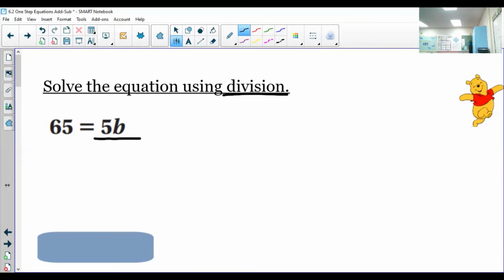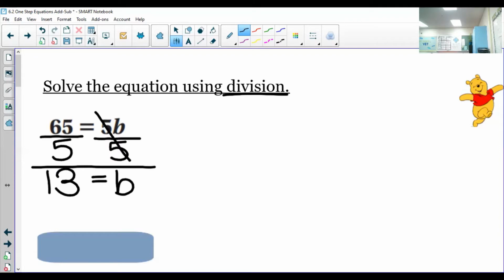So I'm going to divide by 5 and divide by 5, because if I do it to one side over here, I have to do it on the left side as well. Okay, these 5s are going to cancel, so the only thing left is b equals, and then we just do the math. What's 65 divided by 5? Well, we know that's 13, so we know 13 equals b.